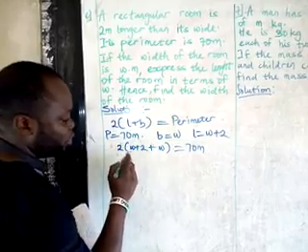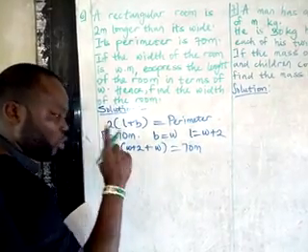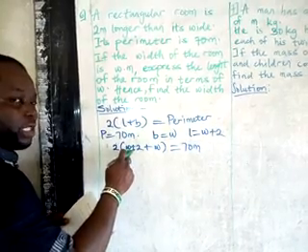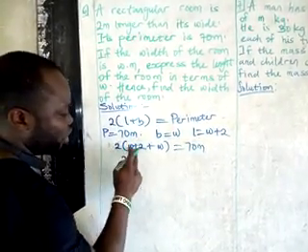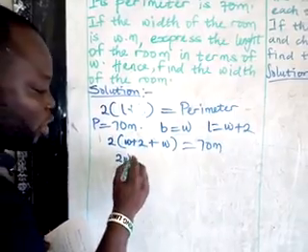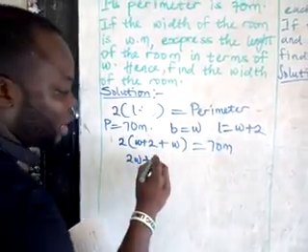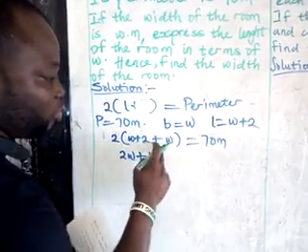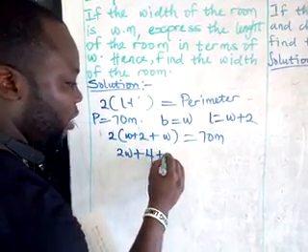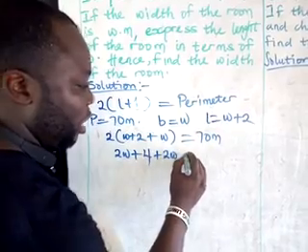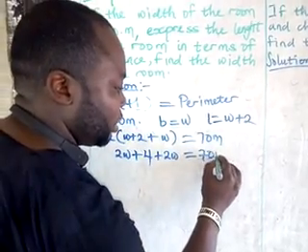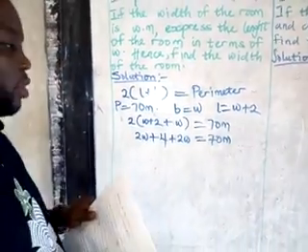2 times W. That will give us 2W. Note, our W stands for the what? The breadth. Don't forget. 2 times W gives us 2W, plus 2 times 2, that gives us 4, plus 2 times W, that gives us another 2W. Everything equals 70 meters. What's the next thing?